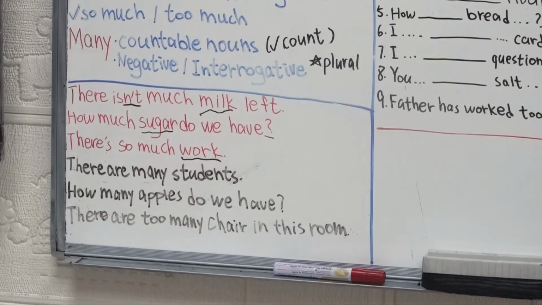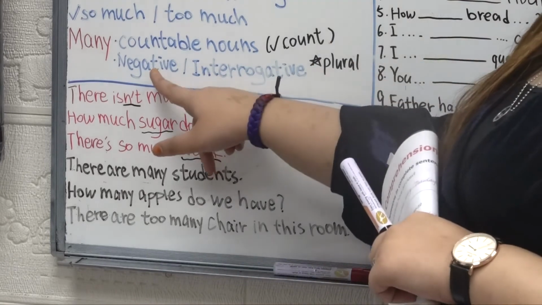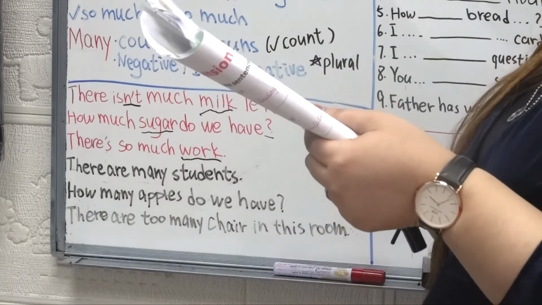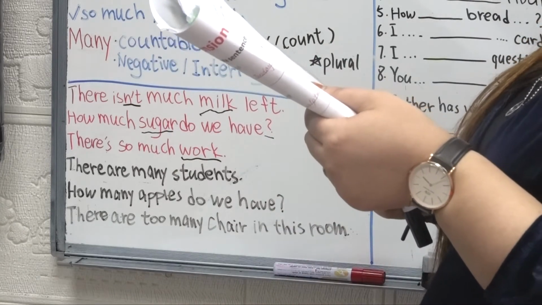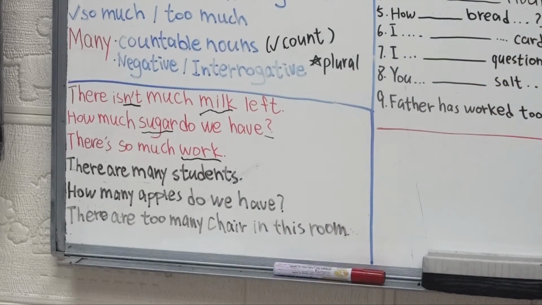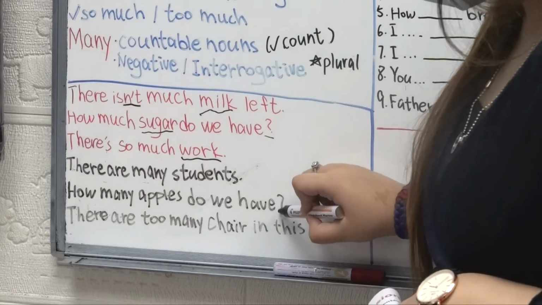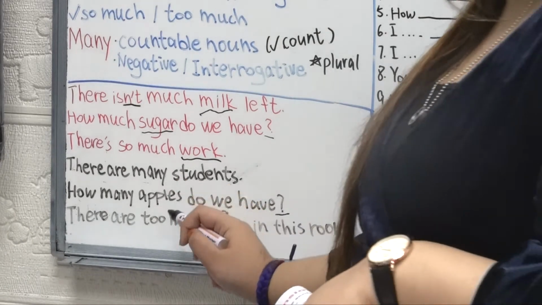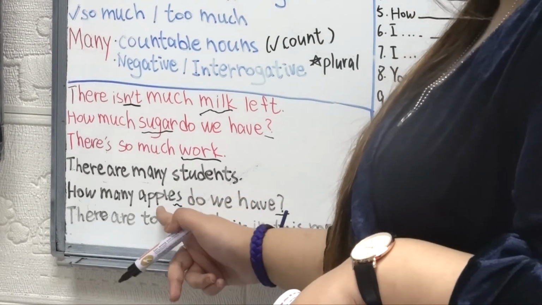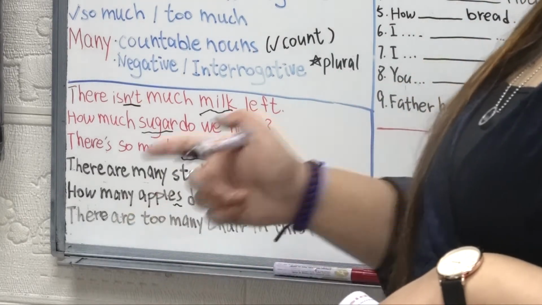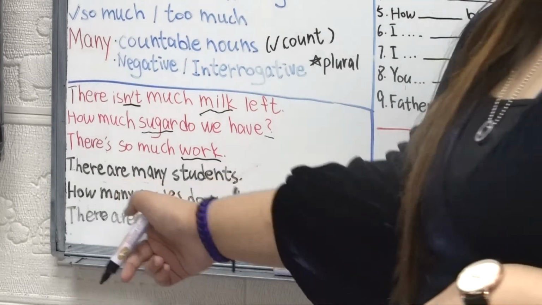So, as always, it can also be used in negative and interrogative sentences. There's no negative sentence example, no worries, it's okay. It can be used in an interrogative sentence, just like in your book. How many apples do we have, right? So this is an interrogative sentence. How many apples, plural form. It tells us we can count, all right? Plural. All right, many, how many apples do we have?